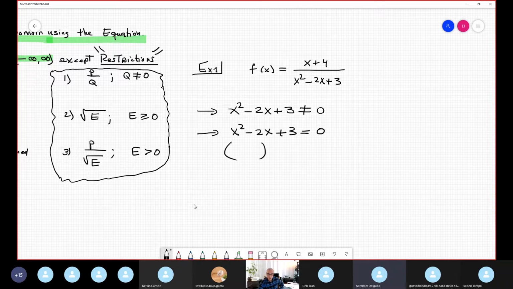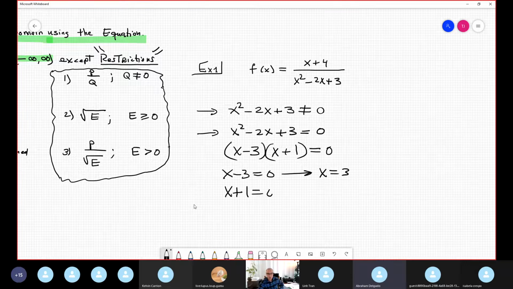I convert to equation because it's easy for me. I solve this equation. I suppose that by factorization it's pretty easy. It's 3 and 1. 3 times 1 is 3, and 3 minus 1 is 2, and the signs are negative and positive. You separate into linear equations, and the first solution is positive 3, and the second solution is negative 1.